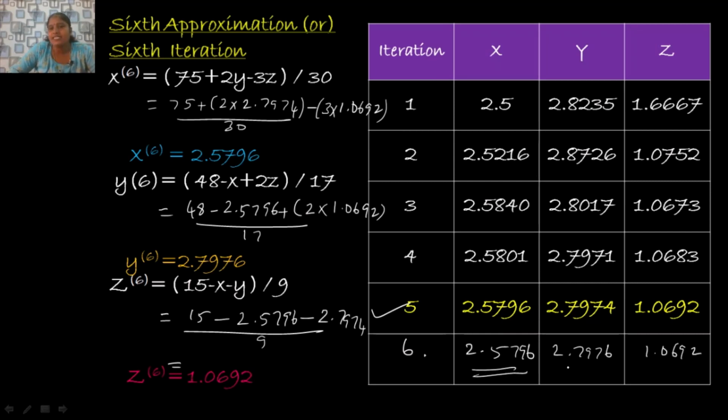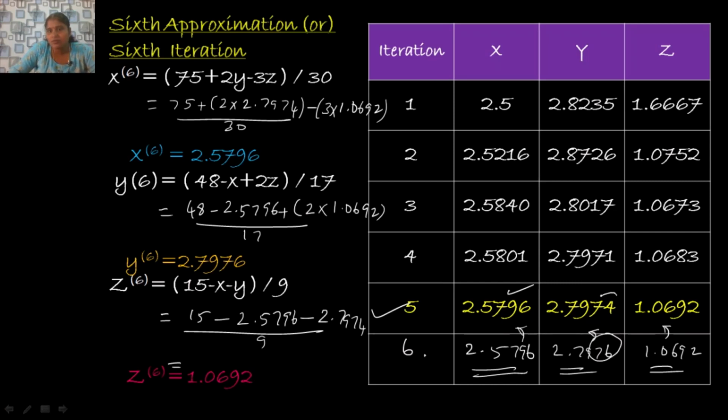Compare these values with the previous iteration and check whether they coincide with the values of x, y, z up to 4 decimal places or not. Here you have 2.5796 in both, so the x value coincides. Look at the value of y: 2.7974 in the fifth iteration, whereas in the sixth iteration you have 2.7976.